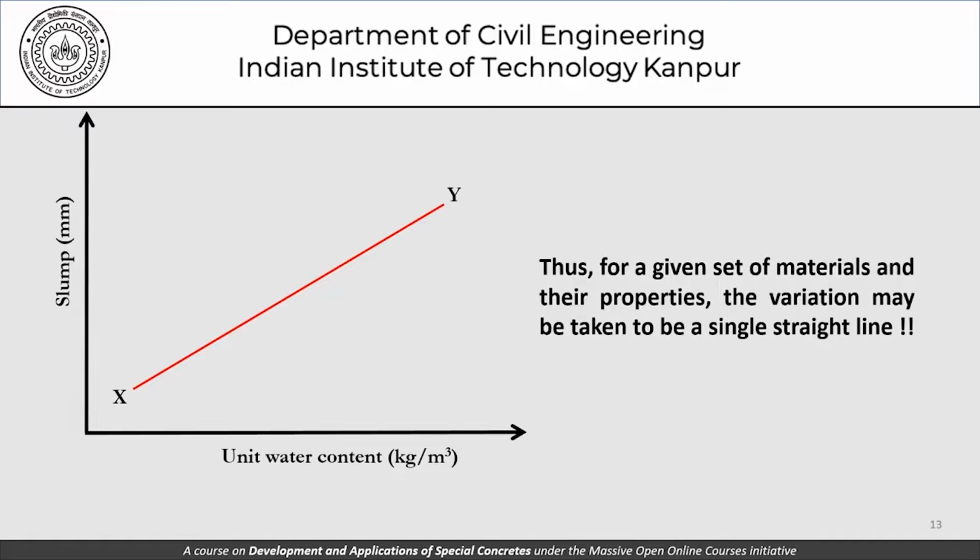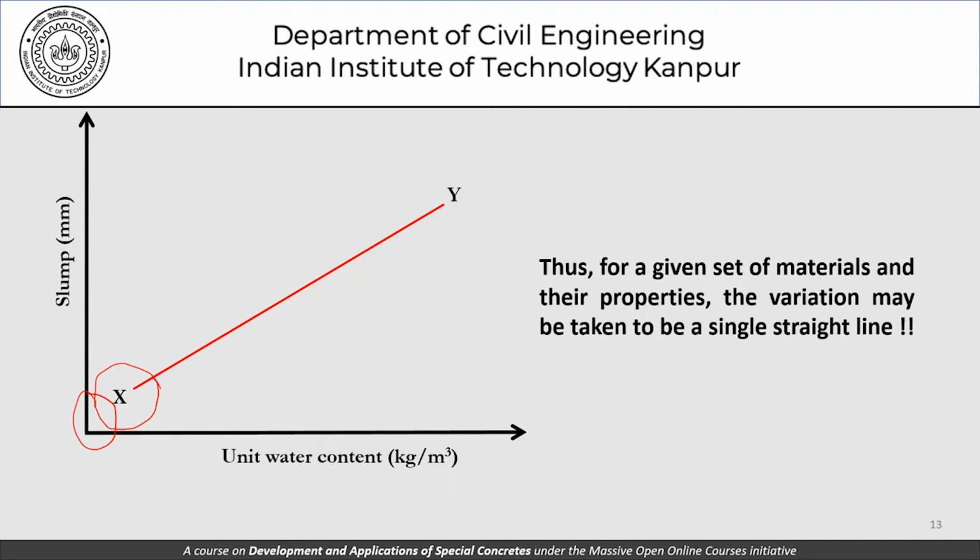Remember that I have never tried to take this line to its logical conclusion and get the behavior of the unit water content versus slump relationship at very low water contents and so on.